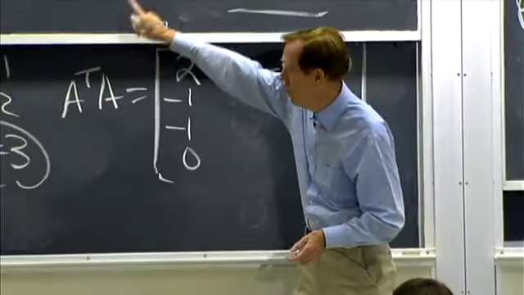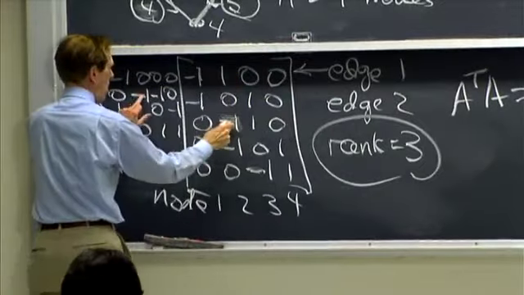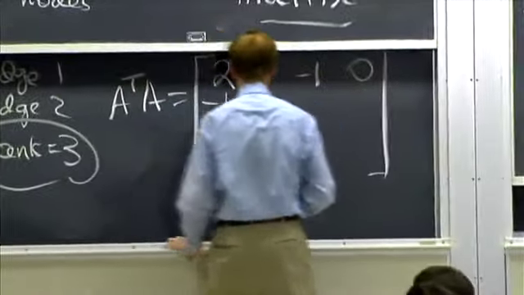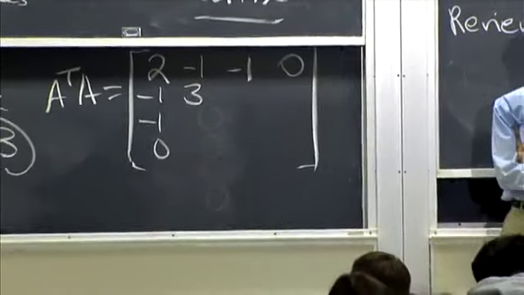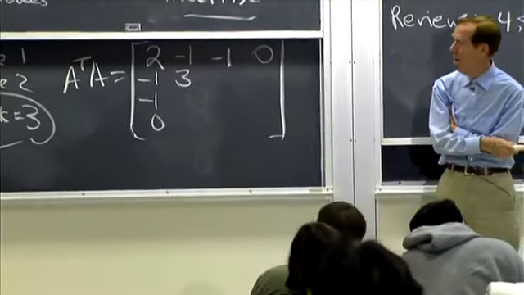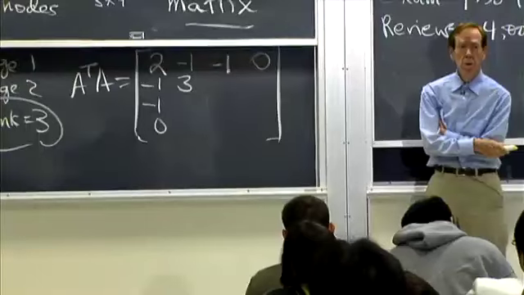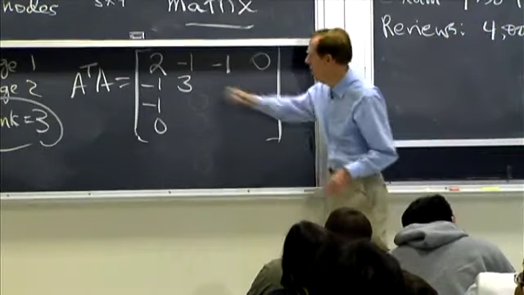That's row 2 against column 2. So I have a 1 there, a 1 there, a 1 there. That makes a 3. Why a 3? Yep, you got it. There are 3 edges into node number 2.